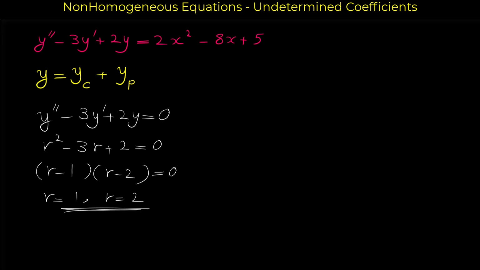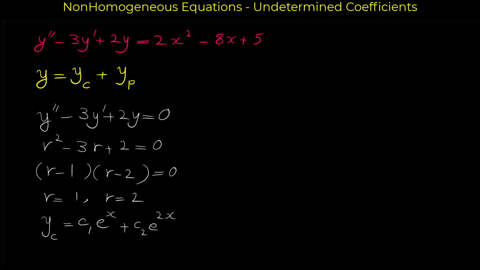Because here we have two distinct real roots, the complementary solution is y sub c equals c sub 1 e to the power of 1x plus c sub 2 e to the power of 2x. If you want to learn more about how we solve homogeneous differential equations, you can watch my video about homogeneous second order and higher order differential equations.